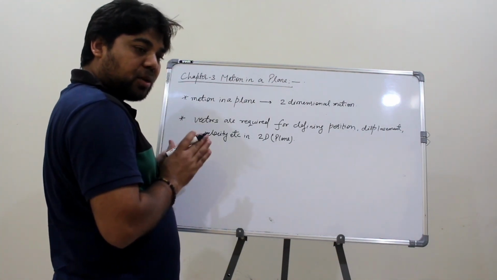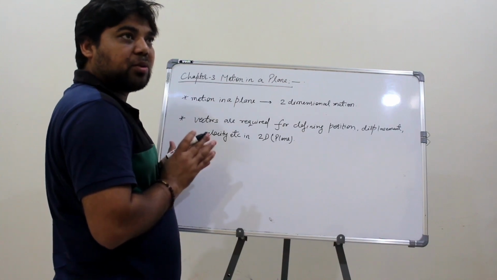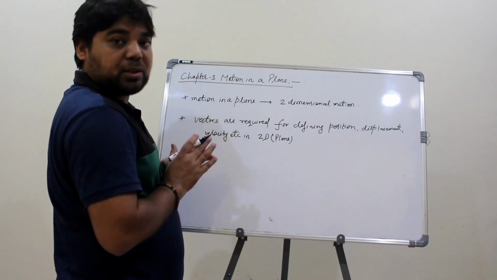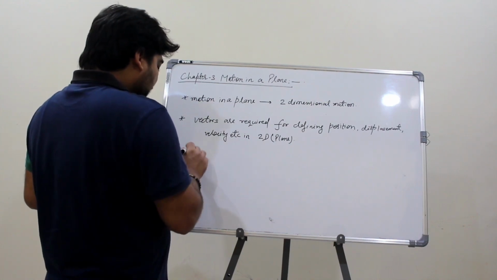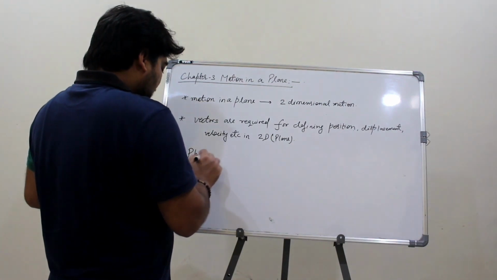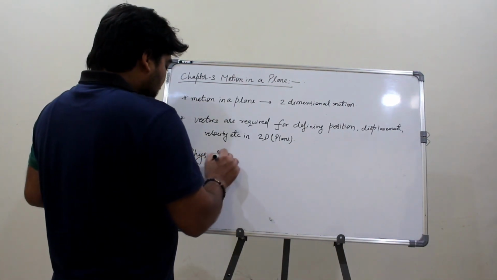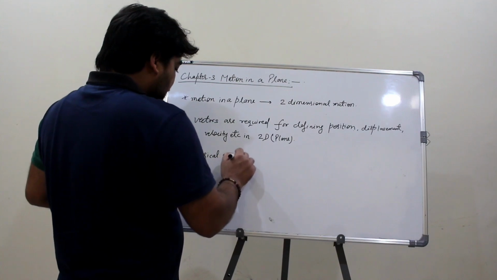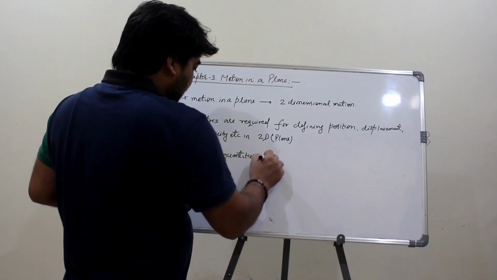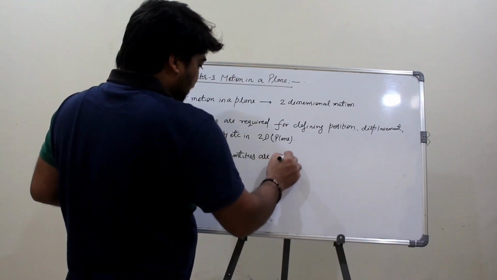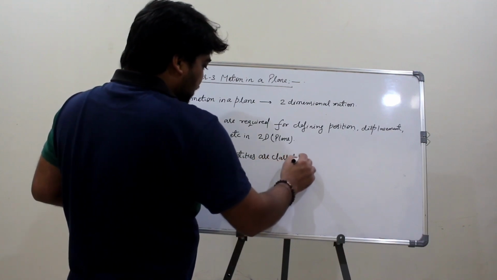Before starting with the vectors, we will classify the quantities based on their magnitude and direction. So physical quantities are classified in 2 categories.